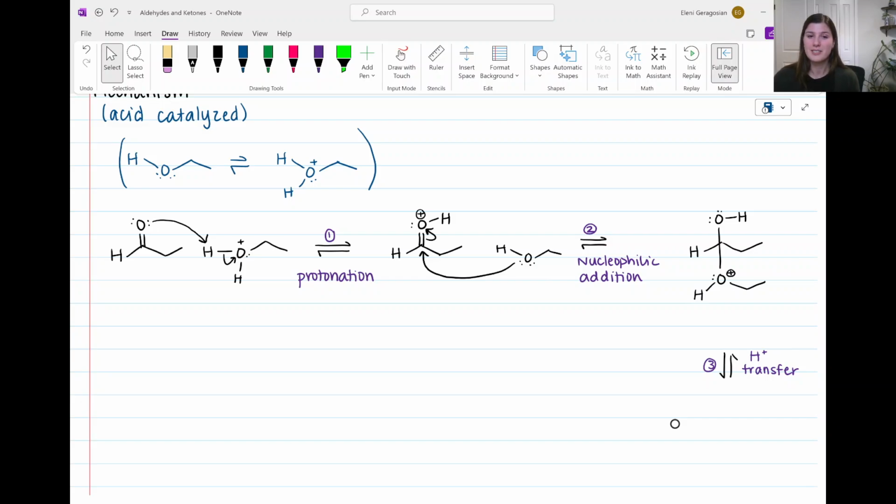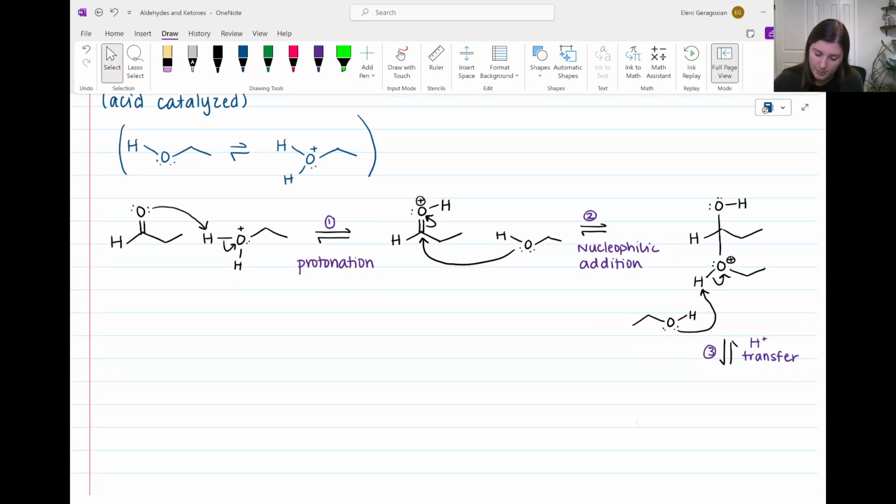The only other things present in solution are the neutral solvent and protonated solvent. Neutral solvent will be much better at deprotonating. So we'll use a neutral solvent molecule here to deprotonate that positively charged oxygen. And that's our third step.